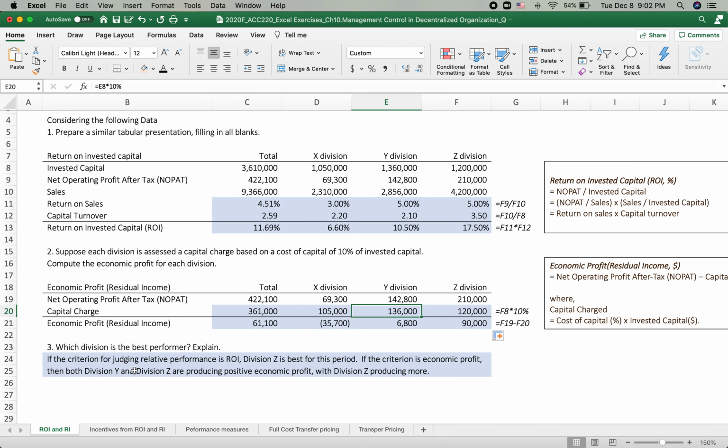If the criterion for judging relative performance is ROI, division Z is the best for this period. If the criterion is economic profit, then both divisions Y and Z are producing positive economic profit, so these two divisions should get the reward.